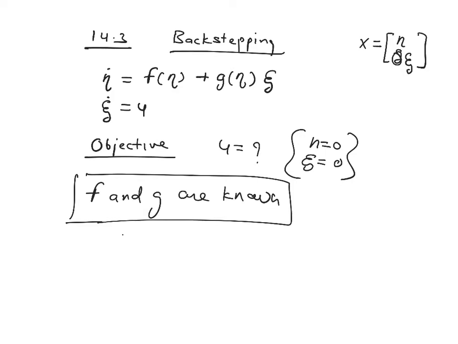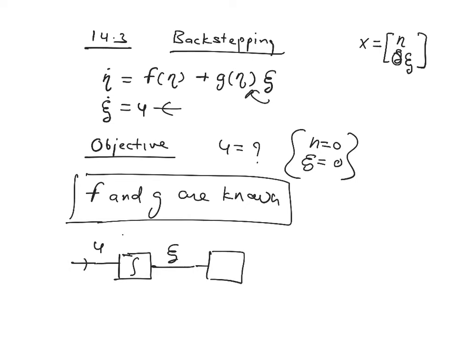If we make a block diagram for this, the input u comes from here and you integrate it. This set of equations is basically a simple first order integrator, so you integrate u and you get zeta. Then zeta goes to g of eta, so zeta now is an input to the second system.